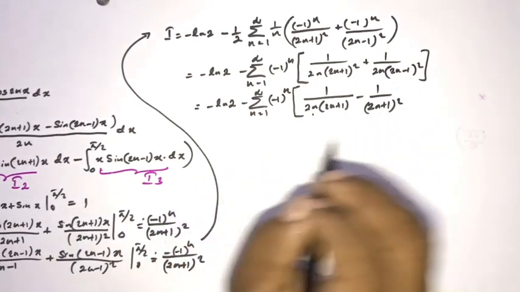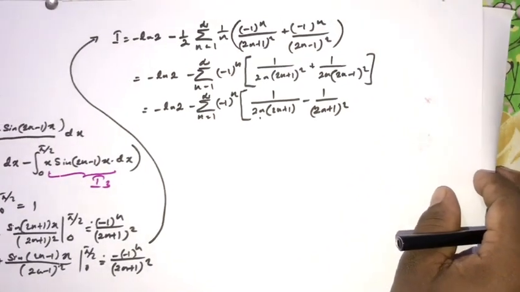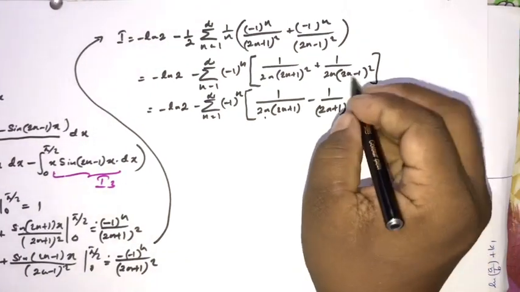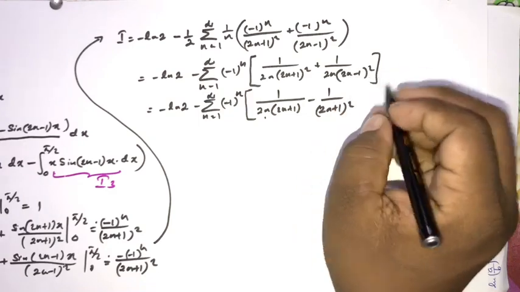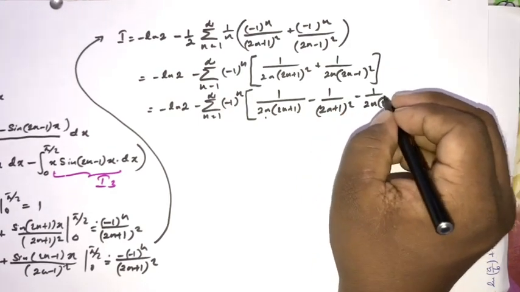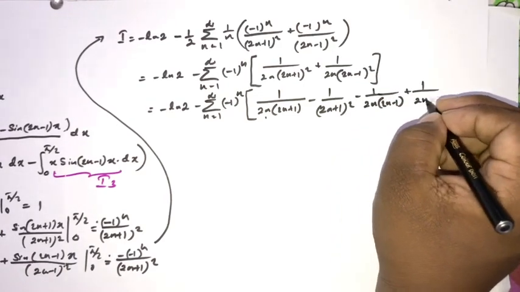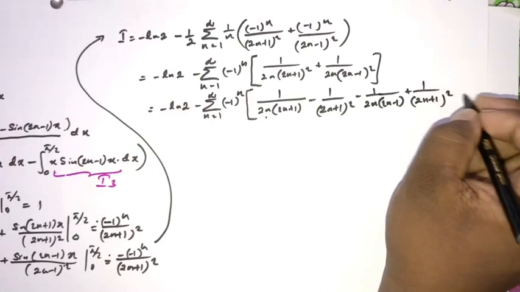and same as here, we can write this part is equal to minus 1 over 2 times n (2n minus 1) plus 1 over (2n plus 1) squared.